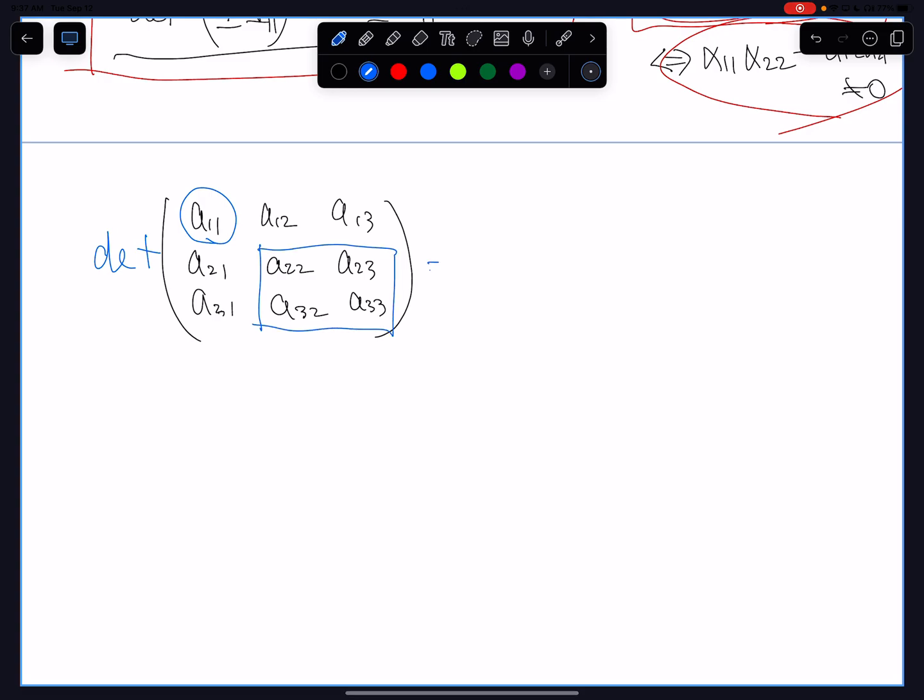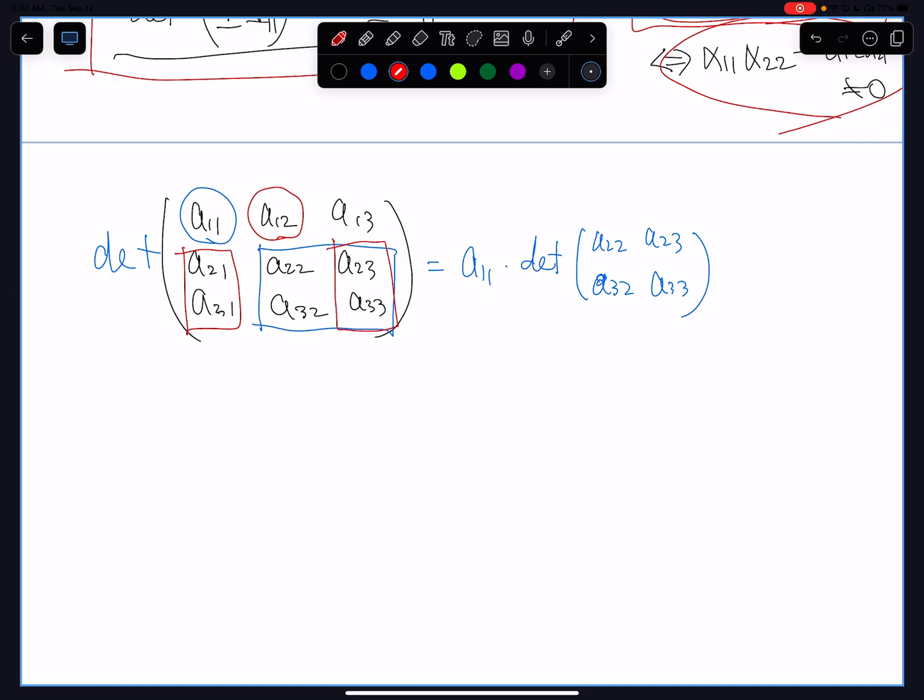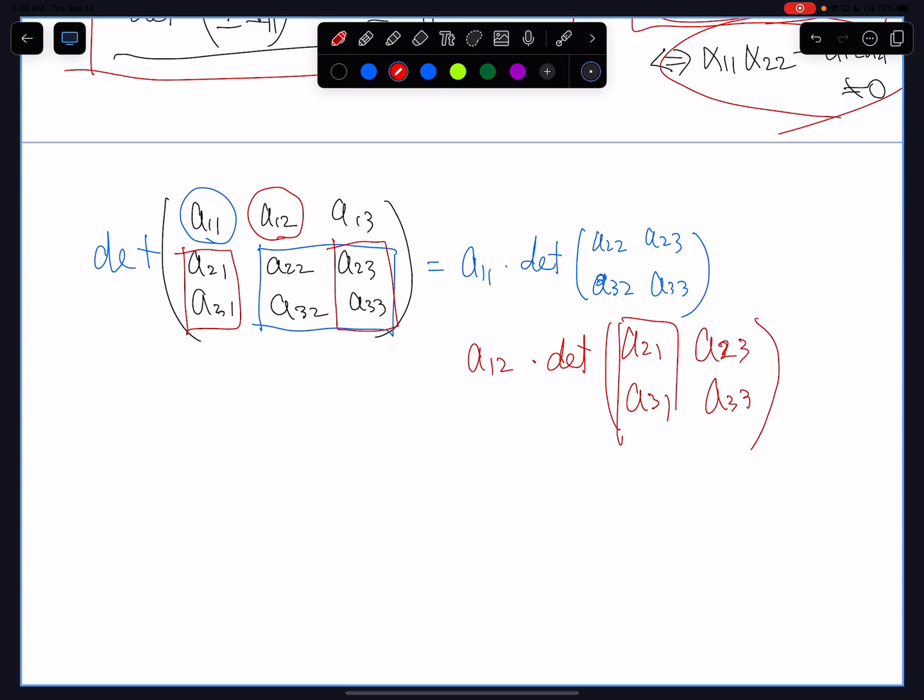So that is A11 times determinant of A22, A23, A32, A33. And next, you see this number and look at this matrix. So A12 times determinant of a smaller square matrix. You see that? So this is the same as the left-hand side, and this is the same as the right-hand side.